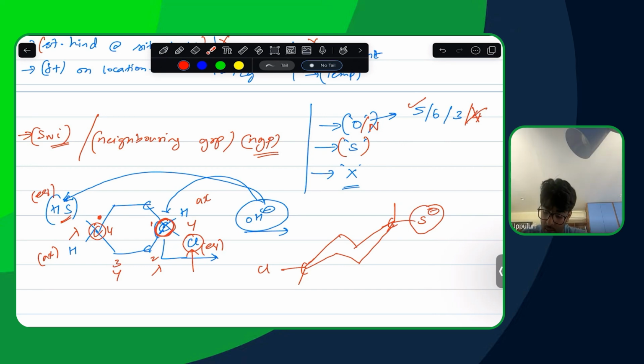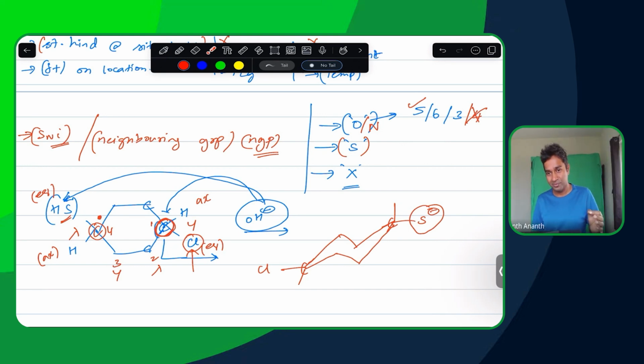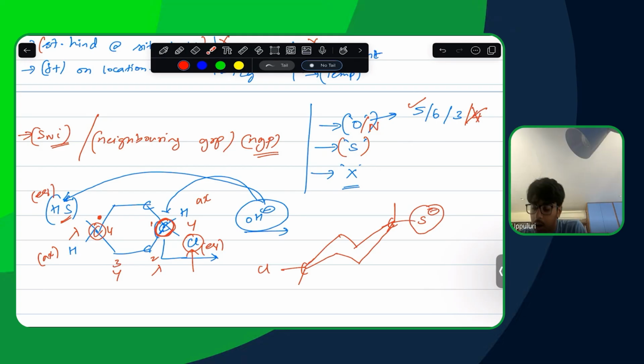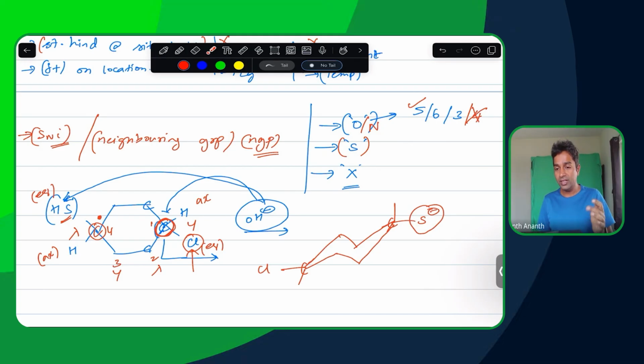Fluorine also does that. But if that system has delocalization, then you would prefer to have a negative charge. Only then will that fellow become a better system to donate. That is the case with sulfur and other systems which have delocalized, extra spaces.